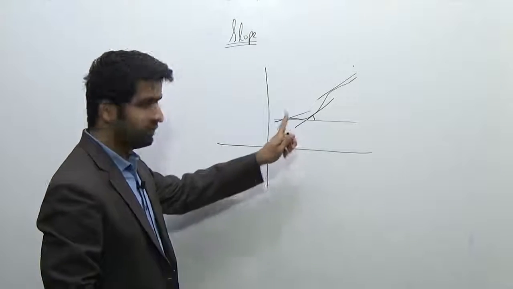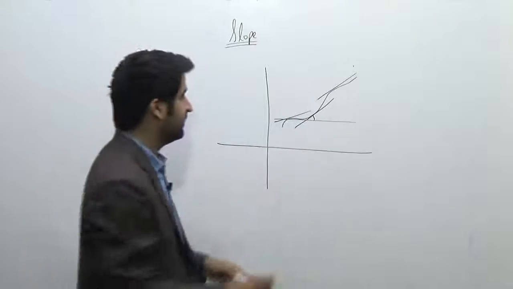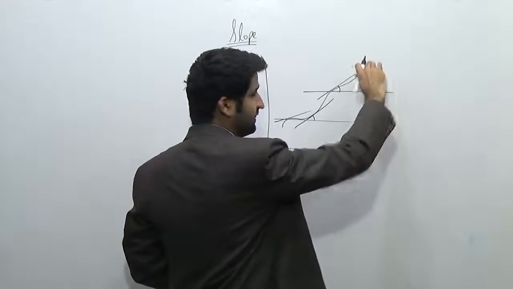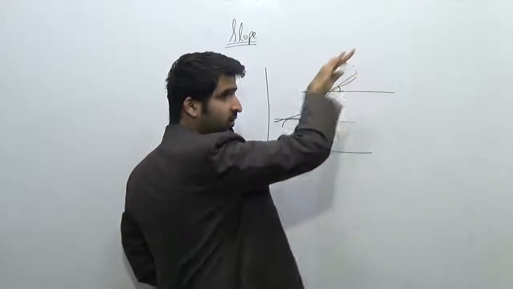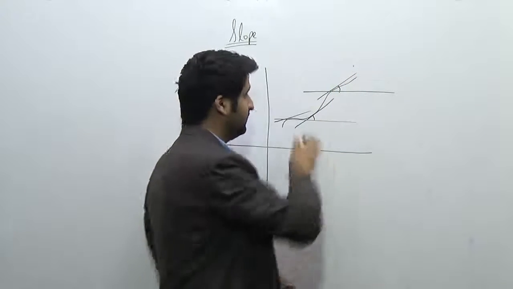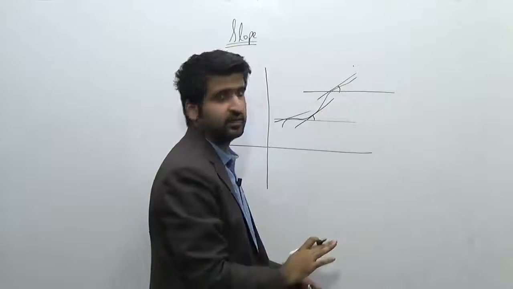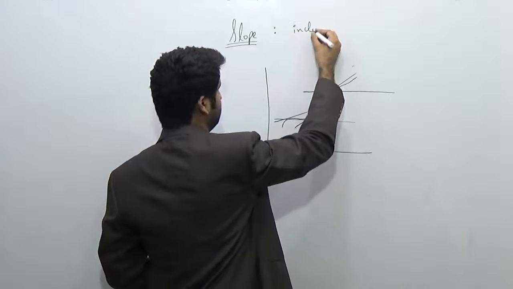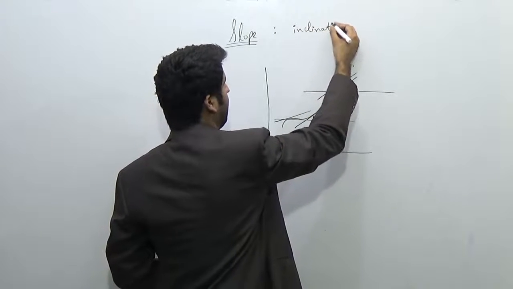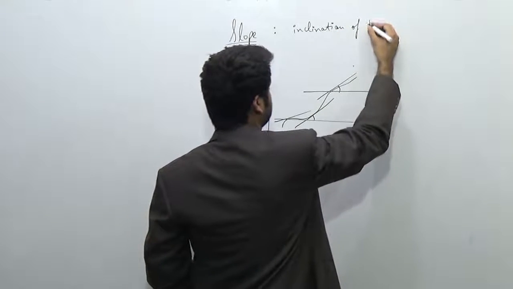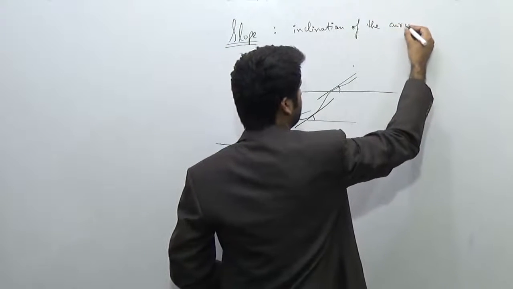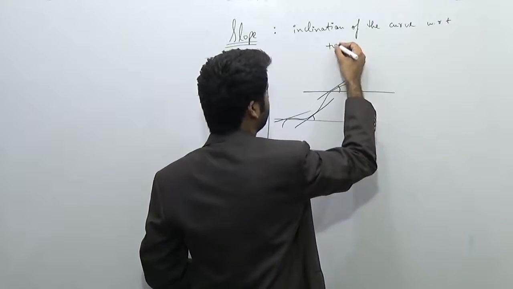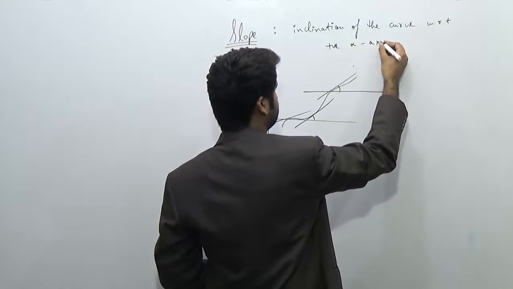But what you need to learn over here is that this thing is called the slope. This gradient, or this inclination, with the positive x-axis is called the slope. So we can say slope is the inclination of the curve with respect to the positive x-axis.